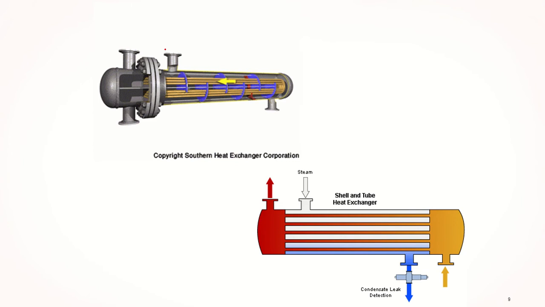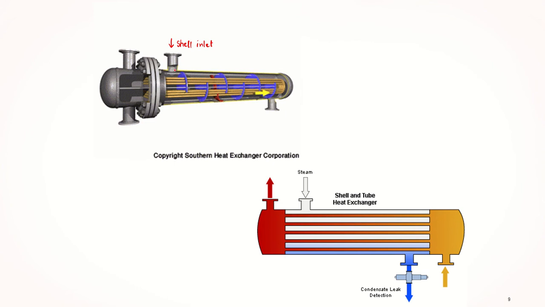So if we refer to the first figure here, we will see that, for example, this would be the inlet of the shell tube. So the hot side here shows shell inlet.